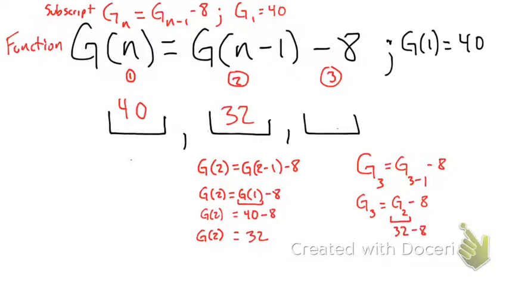Bring down the 8. And this should give me the third term in my sequence. And if we do this correctly, G sub 3 is equal to 24. So the third term in my sequence is 24. Okay? Again, this is how the recursive formula works.